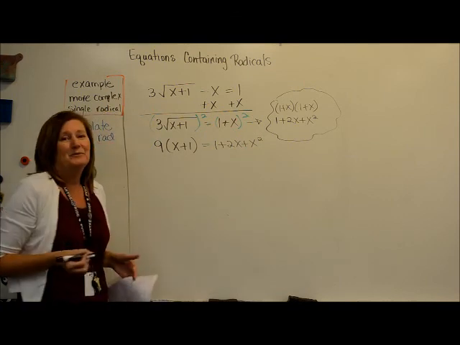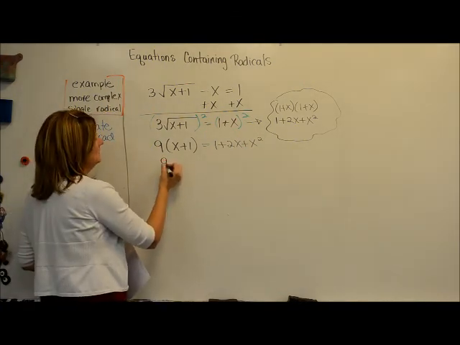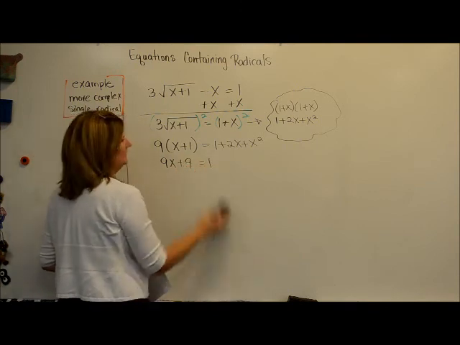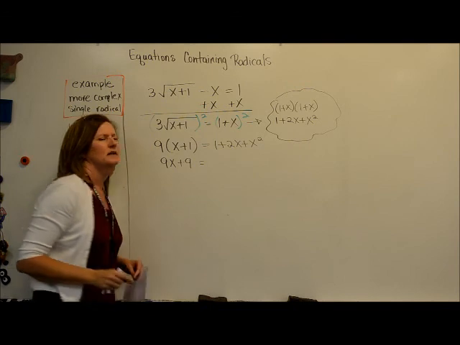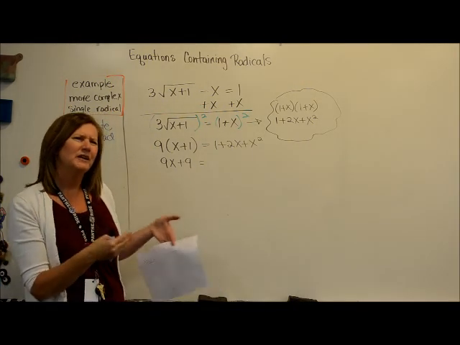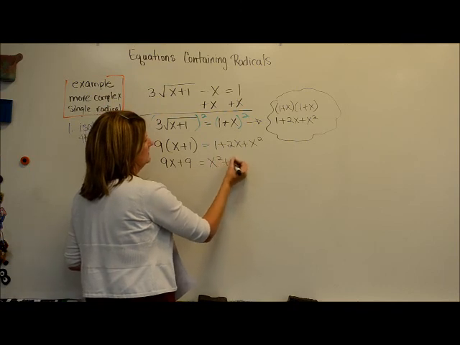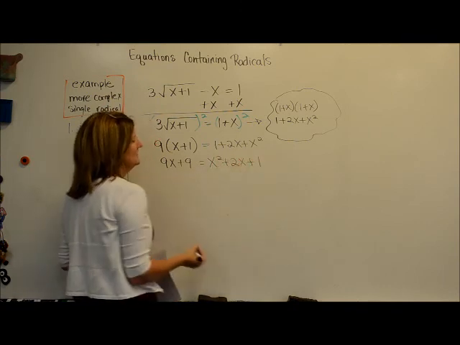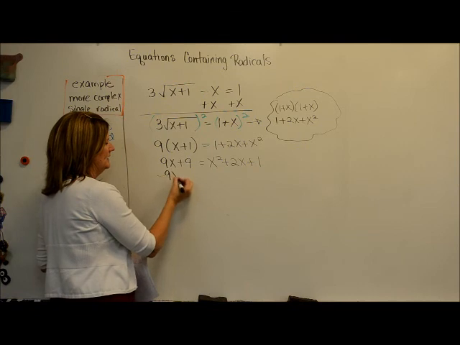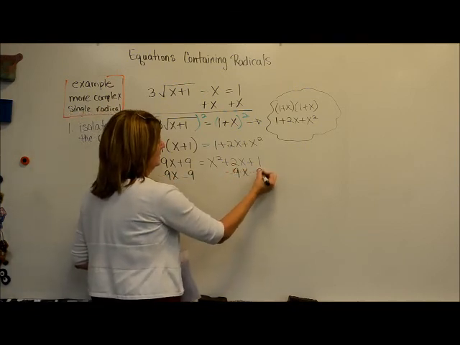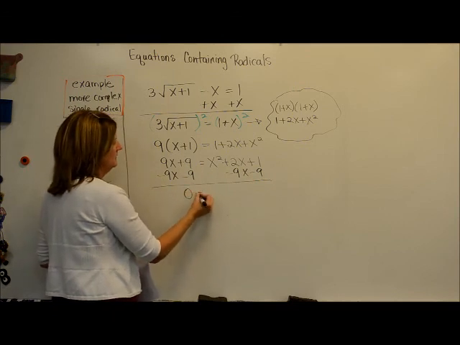And now I'm just solving for x. So I'm going to distribute the 9. This is all addition, so I can use that commutative property that allows me to change places with everything. So I'm going to go x squared plus 2x plus 1 instead. I'm going to subtract 9x from both sides. This is going to go to 0.